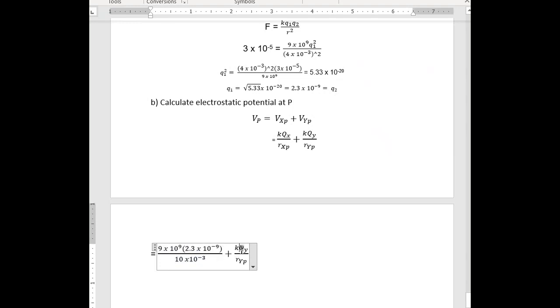Same thing for Y. Since Y is negatively charged, the charge of Y needs a negative sign, because the work done in bringing a negatively charged particle will be a negative value. The distance between Y and P is 50 times 10 to the power of minus 3 meter. Then we'll get 2,700 minus 414 equal 1656 volts.